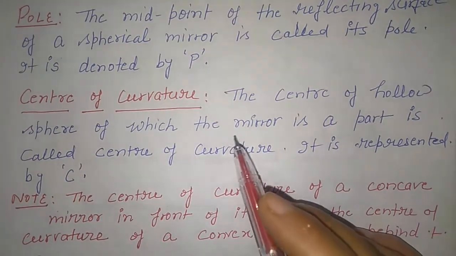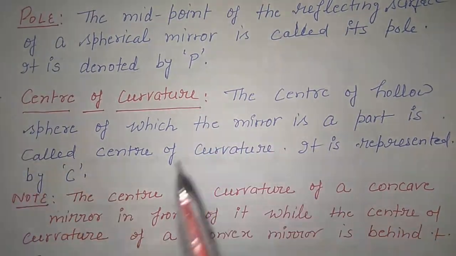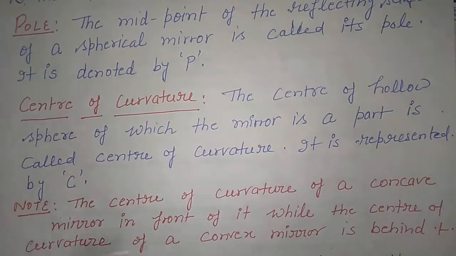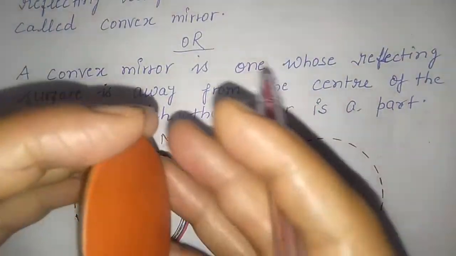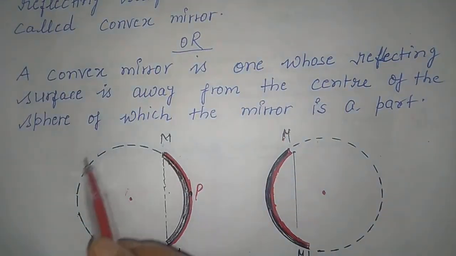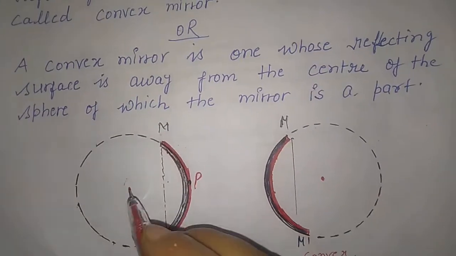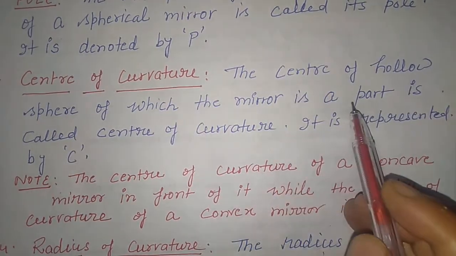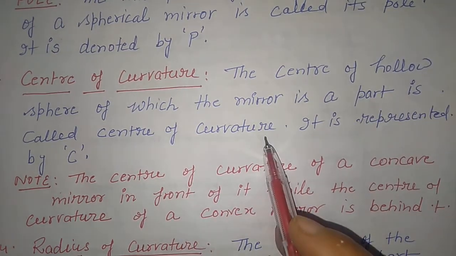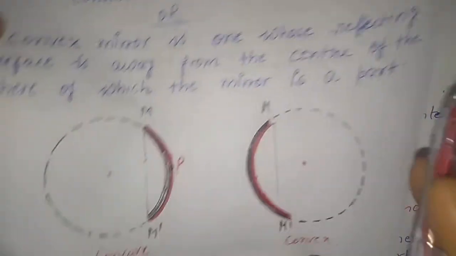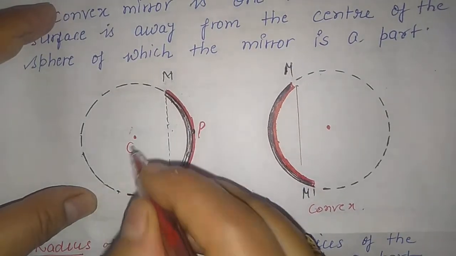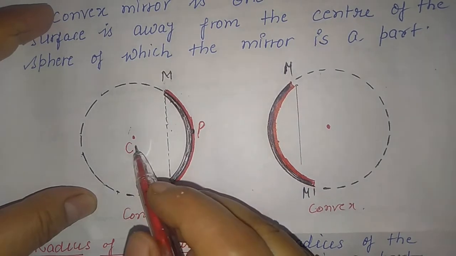Now the center of curvature. Initially we told that this mirror is a part of a hollow sphere. To complete it, we have completed this circle here. The center of the hollow sphere of which the mirror is a part is called the center of curvature, and it is represented by the letter C. So this is the hollow sphere, and the center of this hollow sphere is the center of curvature.